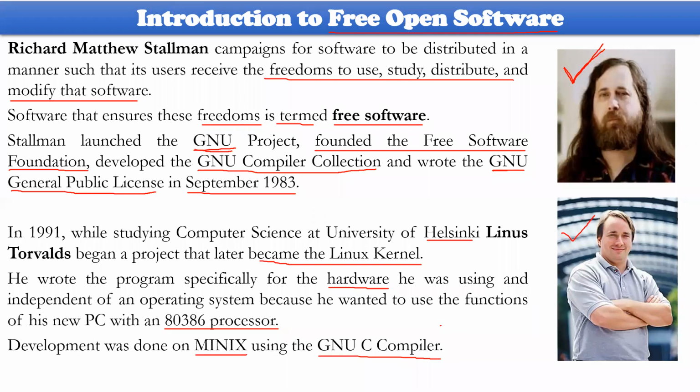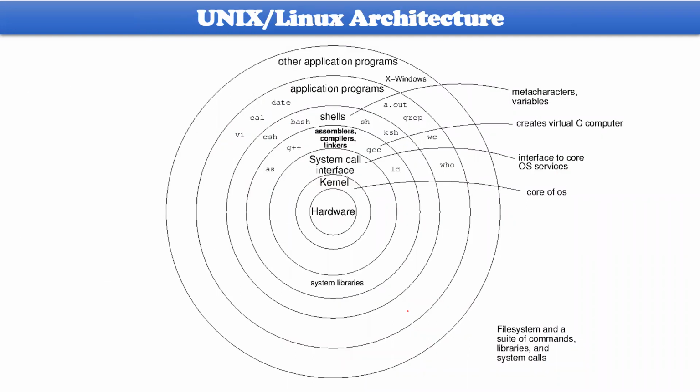In this way free open source software emerged, followed by how the Unix or Linux operating system architecture looks. In any kind of computer system, hardware is very important and is the innermost layer.